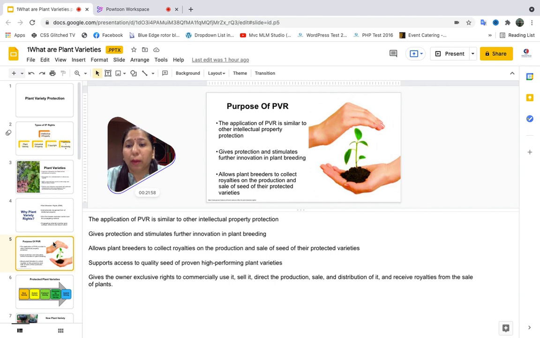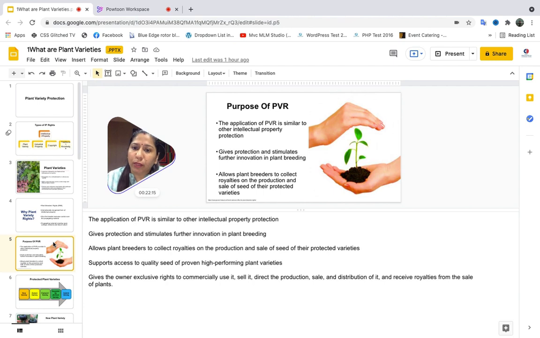That means if a plant breeder has developed some sort of new variety, let's say a new type of wheat which is enriched with vitamin A, minerals and nutrients, that plant breeder has given a tremendous amount of time.